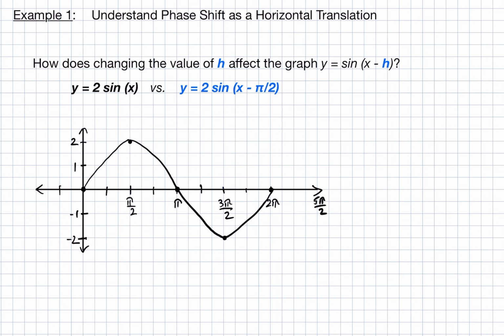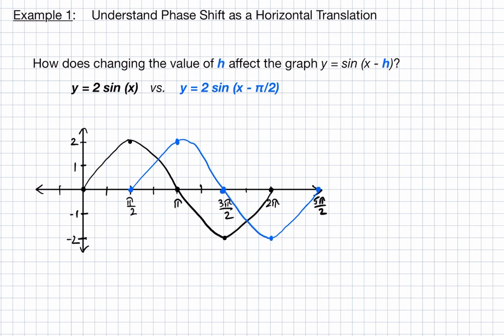So if we were to graph the blue function, now we would start at pi over 2 comma 0, and then at pi we would be at 2, and then at 3 pi over 2 we'd be at 0, and then at 2 pi we'd be at negative 2, and then at 5 pi over 2 we would be back to 0. So this function would look something like so.